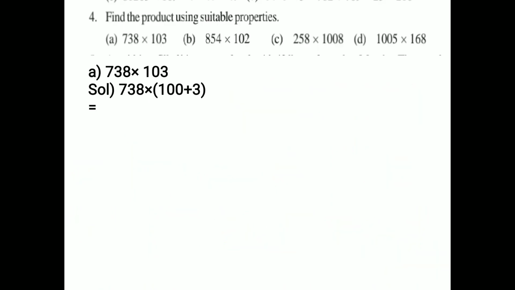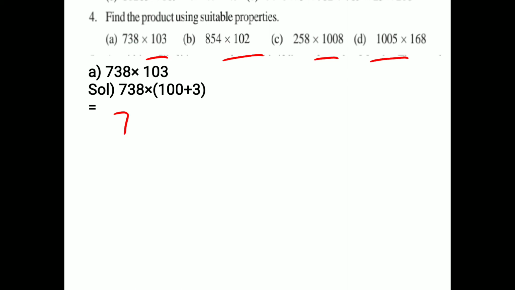Here there is no distributive. How do we make use of the distributive property? The numbers which are 103, 102, 108, 105, we expand them. See, A part, 738 I have written as it is, into 103 I expanded 100 plus 3.